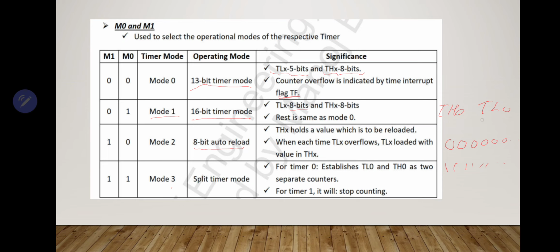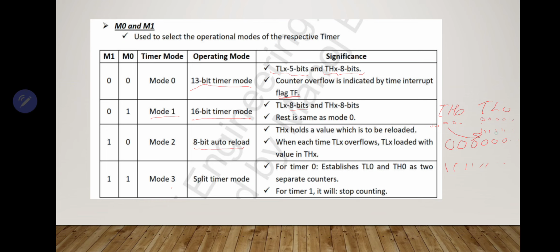TL0 starts with 00 and TH0 holds the reload value. After counting, the timer increases and reaches overflow, that is 1111. After it reaches overflow, TH0 is responsible for reloading. So for timer 0, no programmer or external device is needed for reloading.